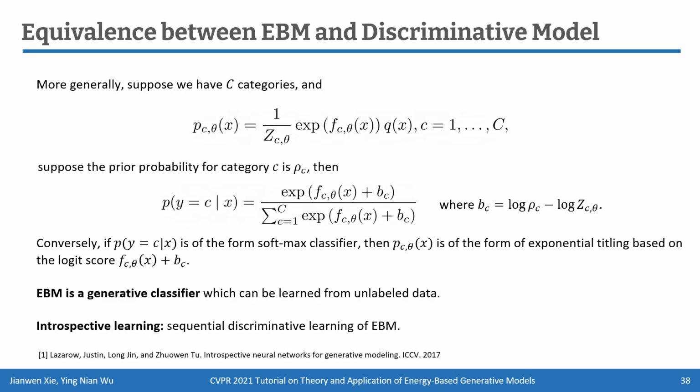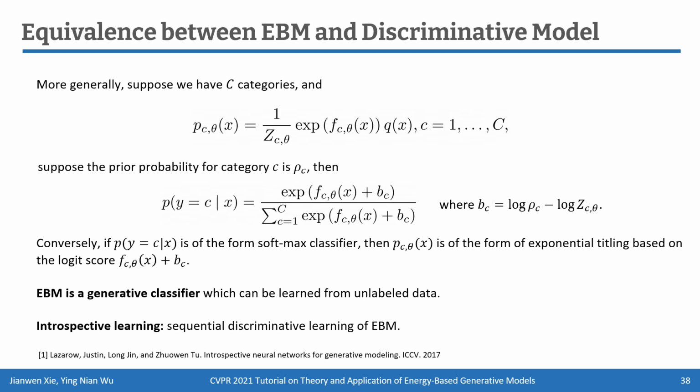More generally, suppose we have C categories. Each category corresponds to one energy-based distribution. F with subscript C are C networks that may share the same body but have different heads. Suppose the prior probability of category C is rho C. Then we can derive a conventional softmax classifier from the energy-based models.